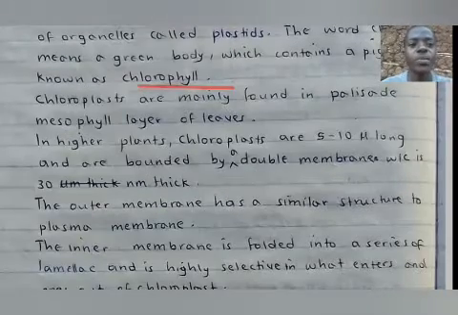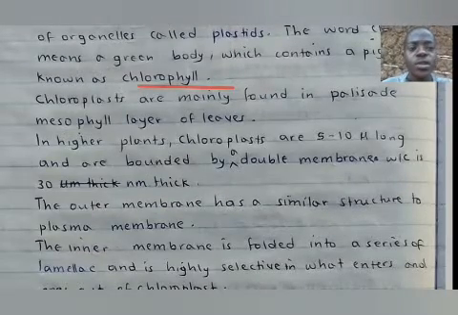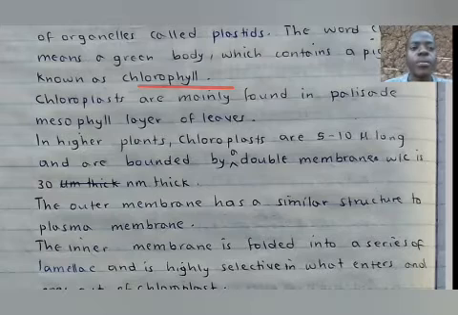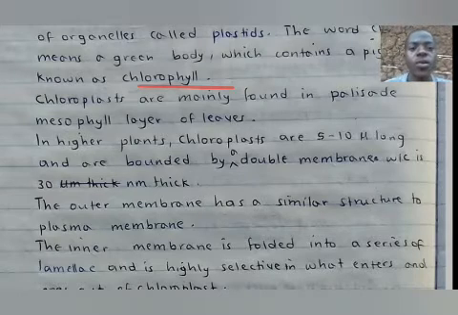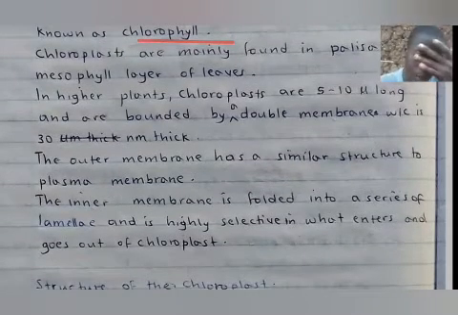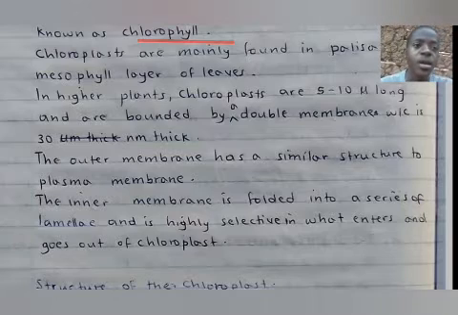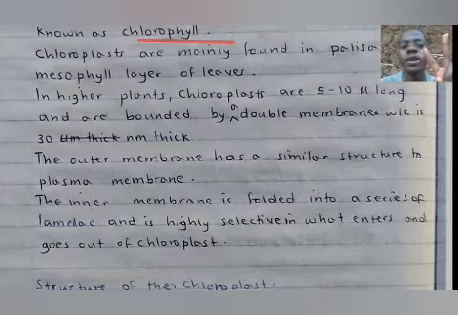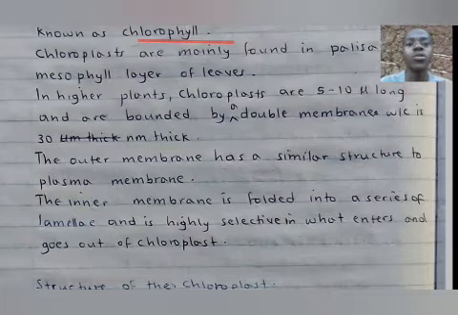And in the case of the higher plants, they are 5 to 14 micrometer long and are bounded by a double membrane which is 30 nanometer thick. So they are bounded by a double membrane, just like the mitochondria.